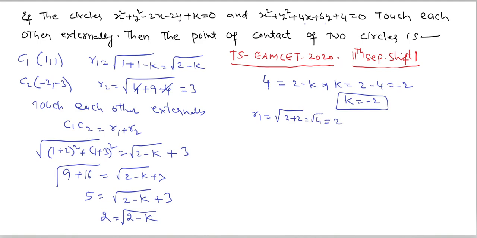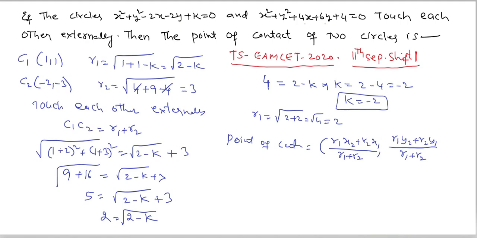Given two circles touch each other externally, that means the point of contact is equal to (R1 x2 plus R2 x1) by (R1 plus R2), comma, (R1 y2 plus R2 y1) by (R1 plus R2).